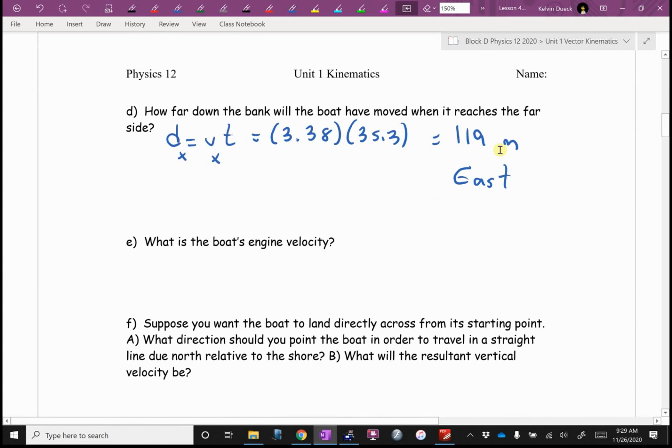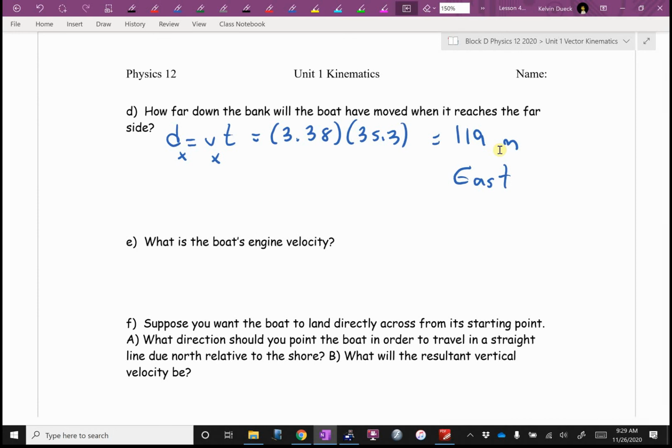E. What's the boat's engine velocity? William, what's the boat's engine velocity? Too slow. Connor, what's the boat's engine velocity? Too slow. Allie, what's the boat's engine velocity? When I do that little dumb dance, what I'm really saying is, you know it already. You just need to figure out how you know it already.